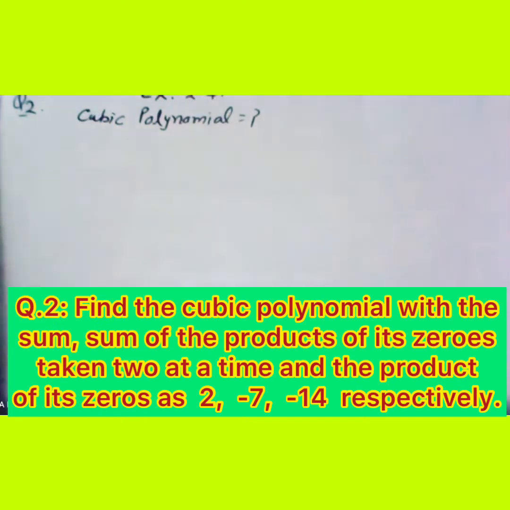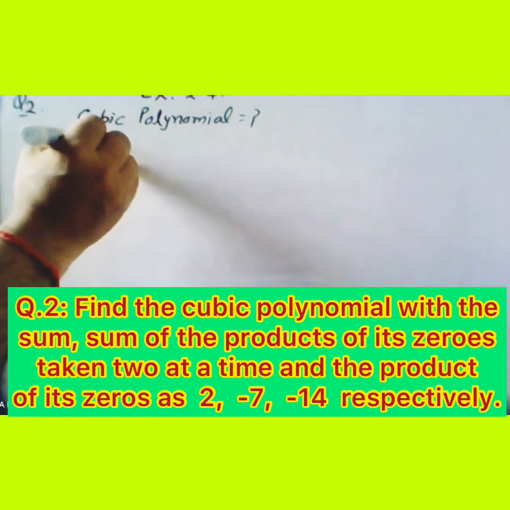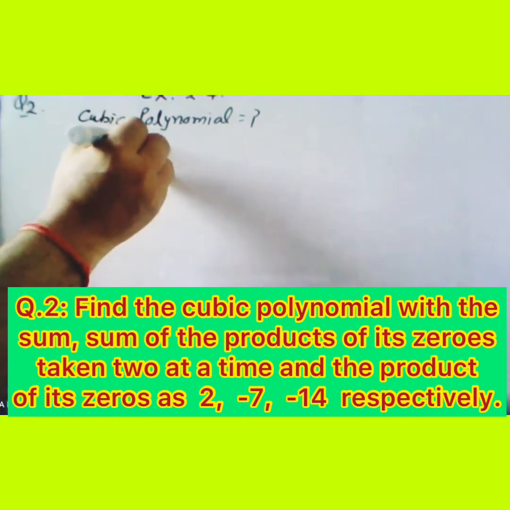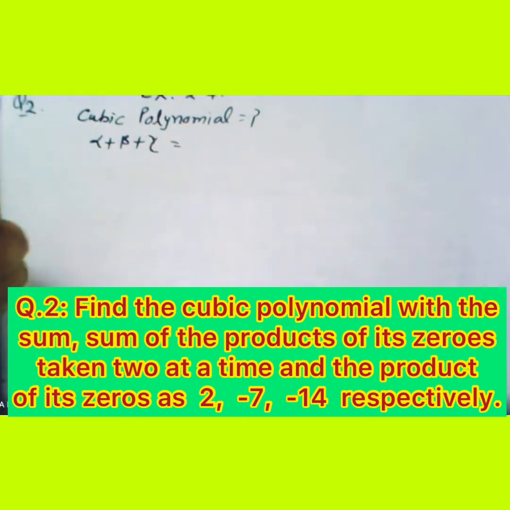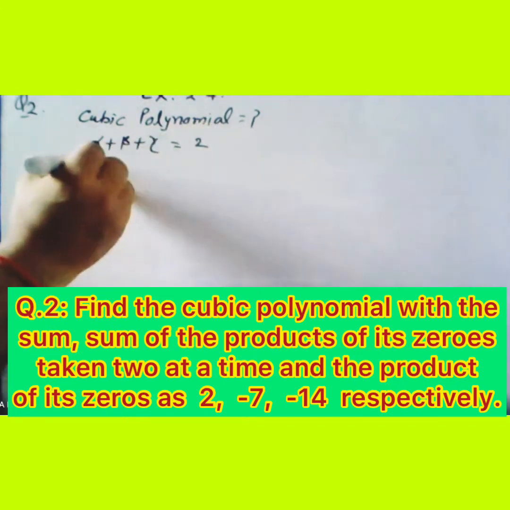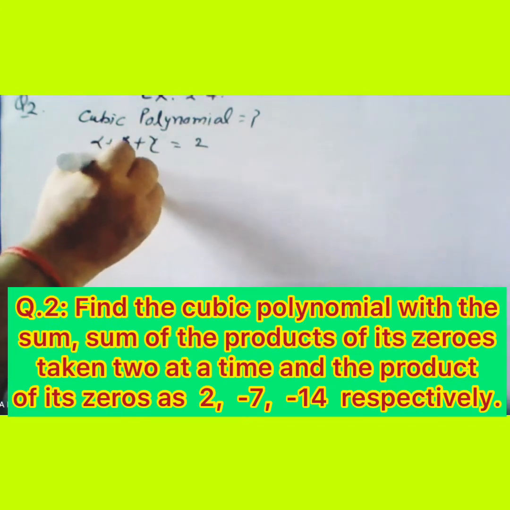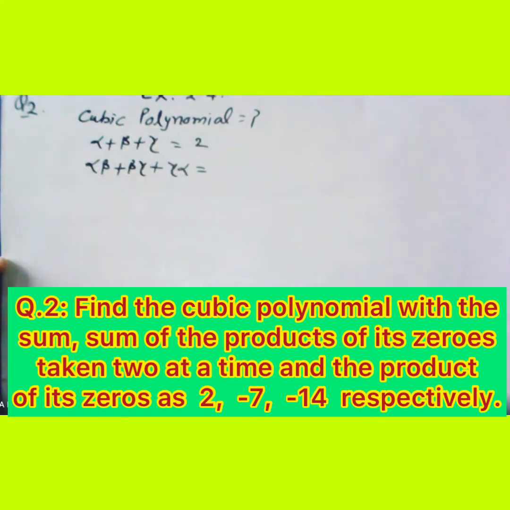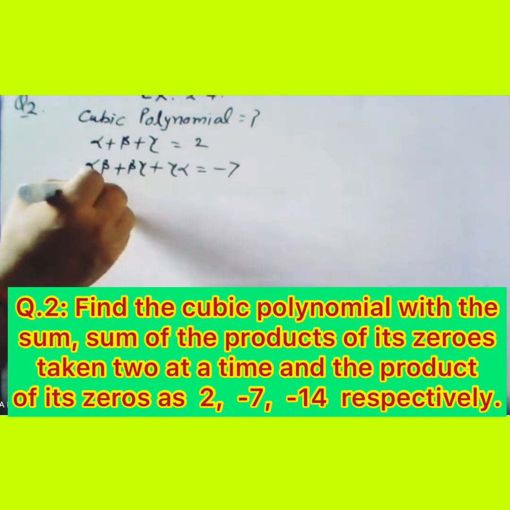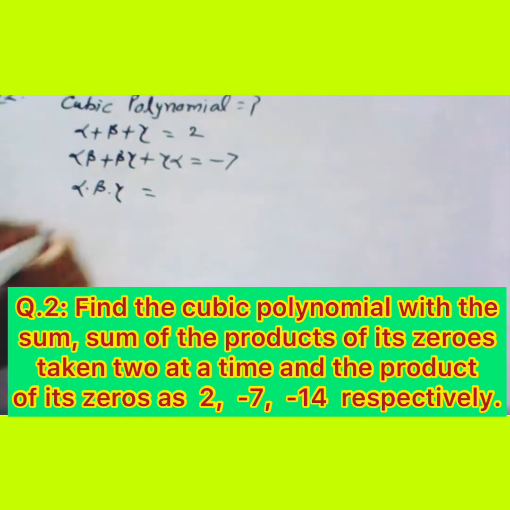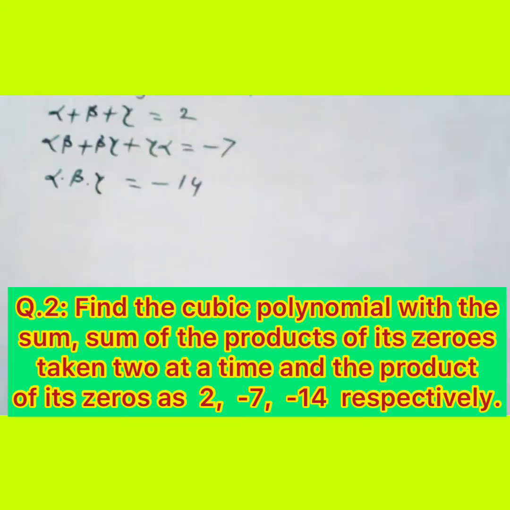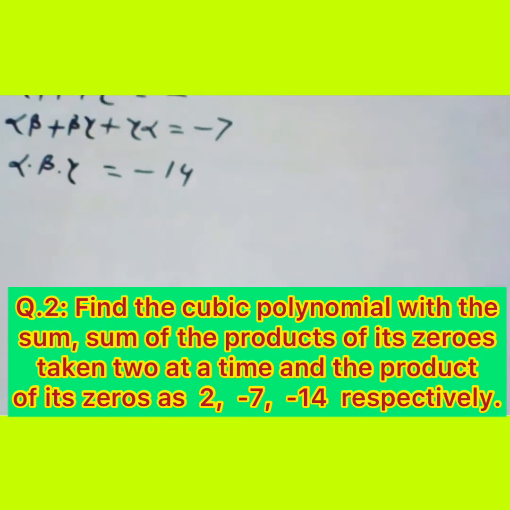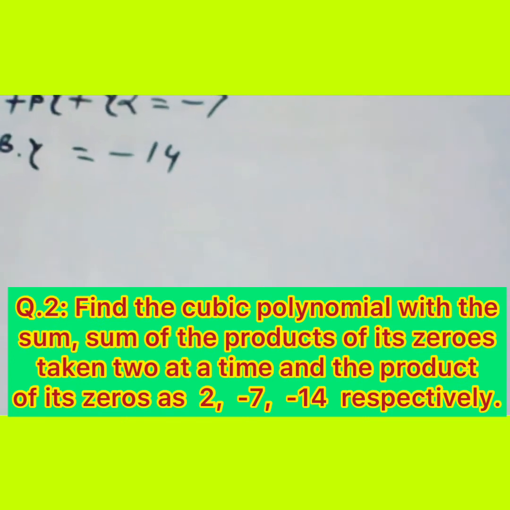Okay, cubic polynomial is required, and after that alpha plus beta plus gamma, this is given 2, alpha beta plus beta gamma plus gamma alpha equal to given that minus 7, and alpha beta gamma that is product of zero is given that minus 14. These three things are given, and now question says that find the cubic polynomial.